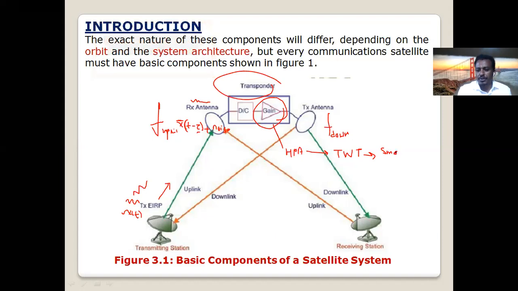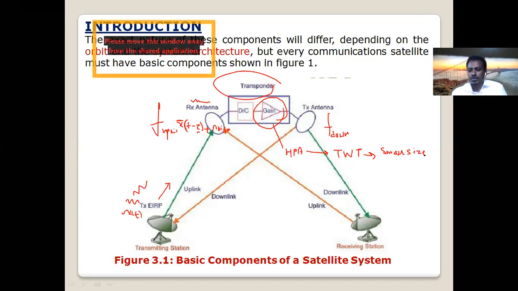You have seen in the video, it's very small. If you see klystron amplifiers, they are very big. So it's not possible to put a very big amplifier in space. We need a small device like TWT in space.